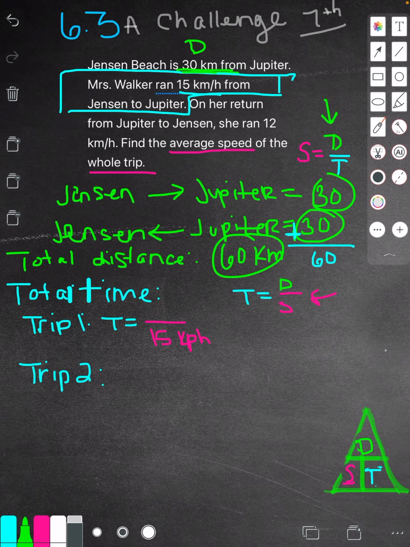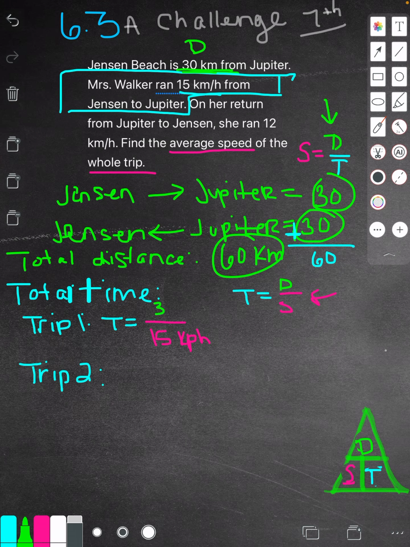So the distance would be the amount of the measurement of space that she went from point A to point B. Well, if we went back to the problem, the very first sentence tells us that in green. She went from Jensen to Jupiter. Well, how long was it? Or what was the distance between Jensen and Jupiter? It was 30.